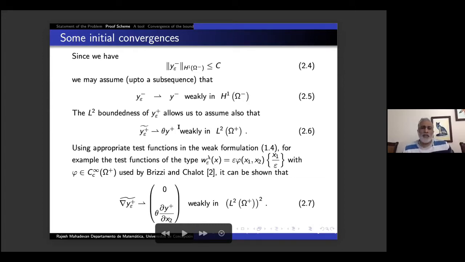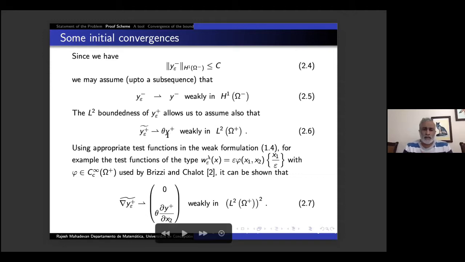In any case, y epsilon is again bounded in L2. If you extend it by 0, that's no problem. And so the extension by 0 will have a weak limit, which we can always write as theta times y plus, since theta is a strictly positive function, the positive filling ratio.